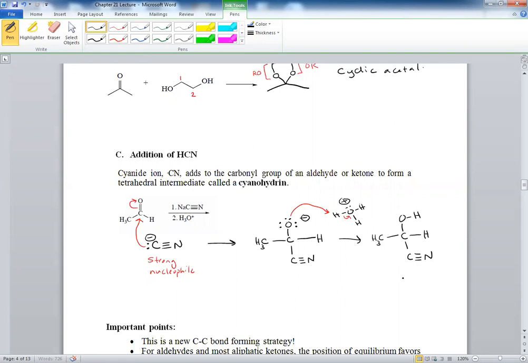Just like that. And again, this is called a cyanohydrin.